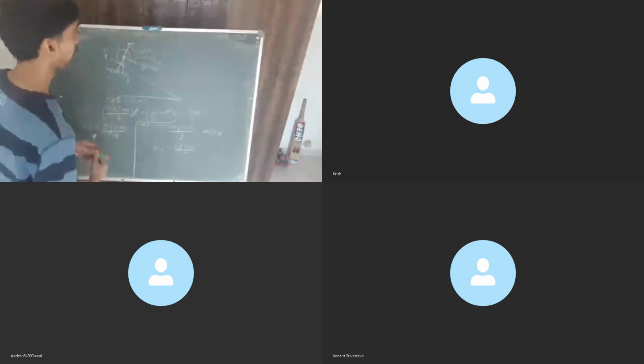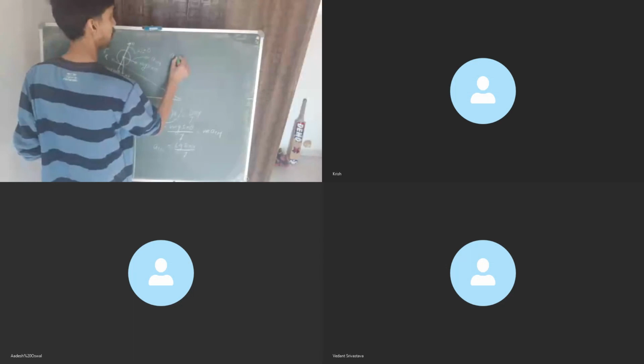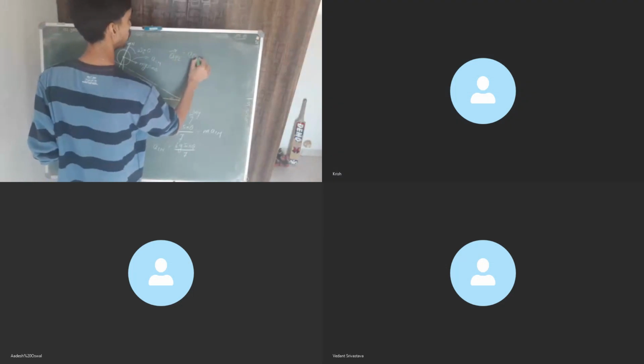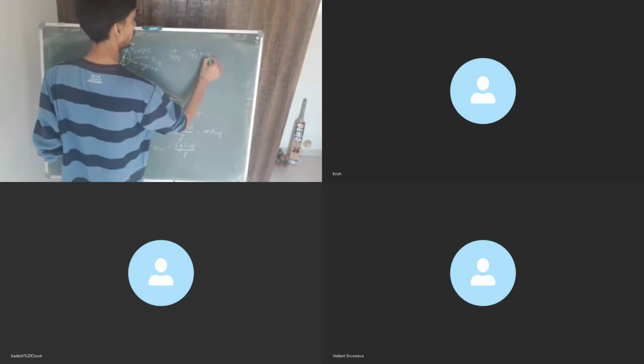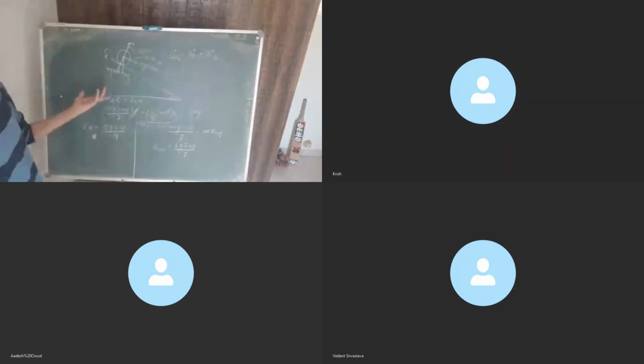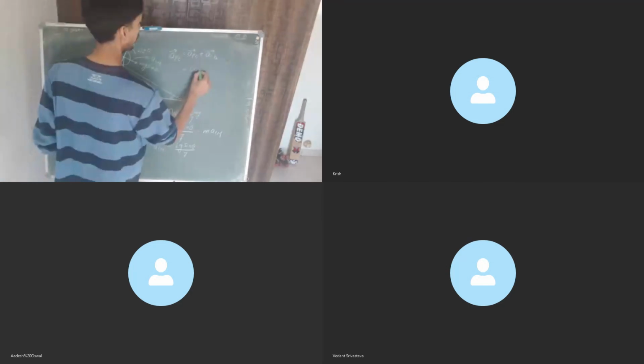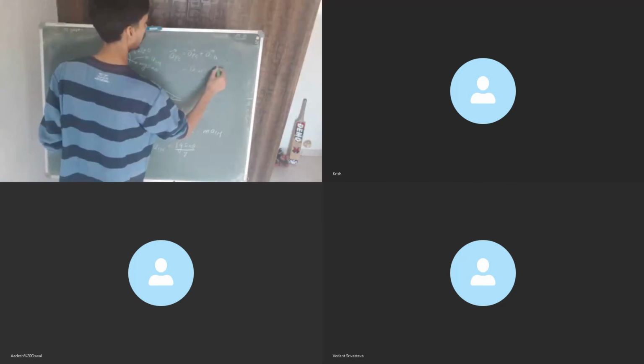How can we write P with respect to Earth? It will be P with respect to center plus center with respect to Earth. Agreed here? This one we have seen the other day. This equates to ACM minus alpha R in I cap direction.